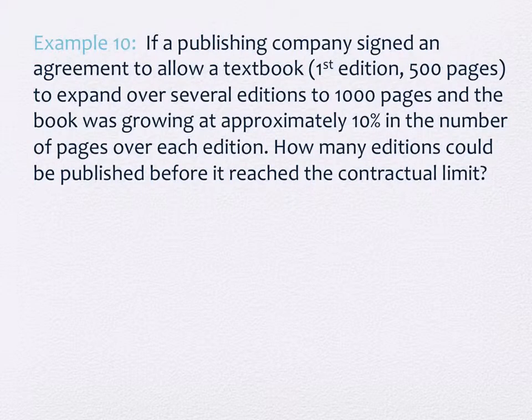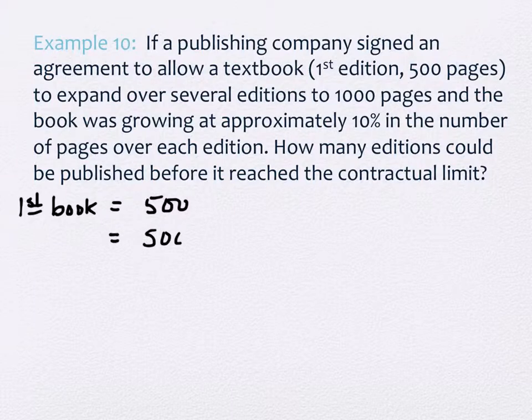We have our first book. And like we said, it's 500 pages. Now, I'm going to do a couple of things with you. We're going to write down what our second book is, the way that you guys structured thinking about it. And then we'll see if we can write it in a way that's a little bit more helpful for us, okay?